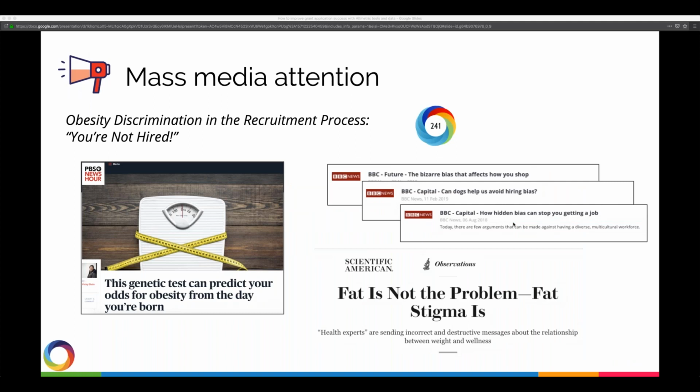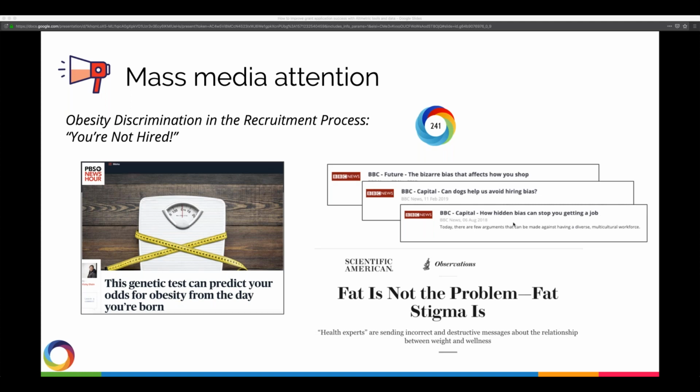So now let's take a look at using mass media attention in a similar way. This paper was published in 2016, doesn't have a lot of citations yet, but it's gained extensive mass media interest and attention online. So it's been mentioned in 23 news outlets, including the BBC, PBS, Scientific American, and others.